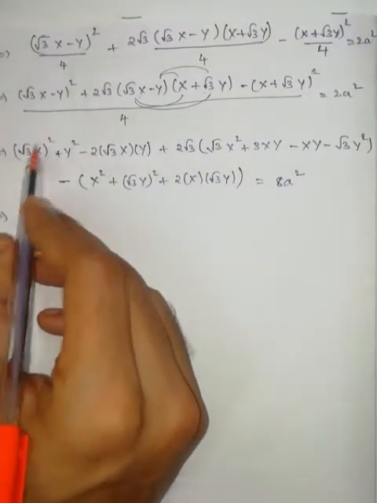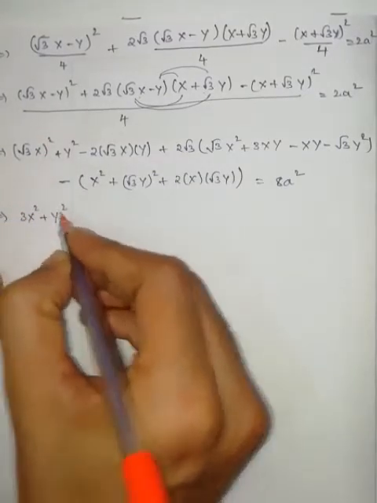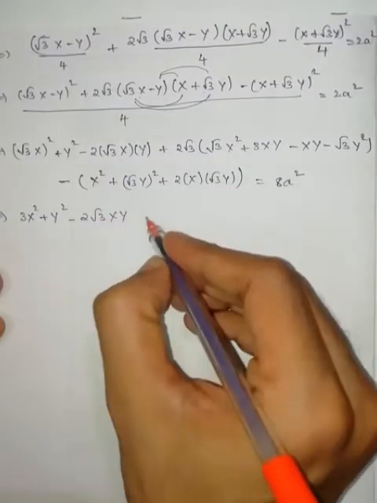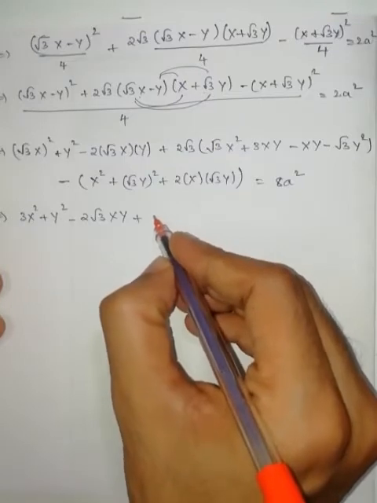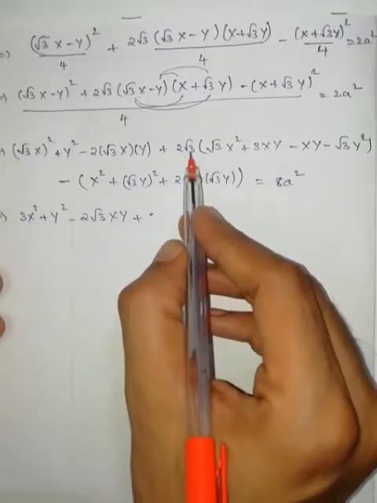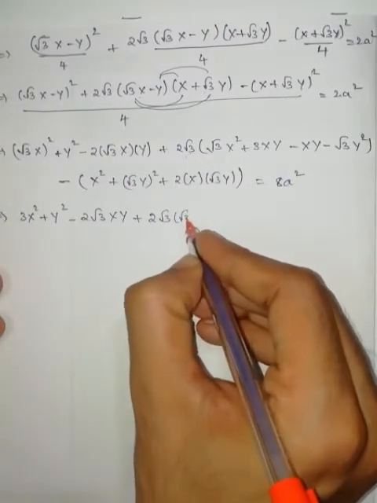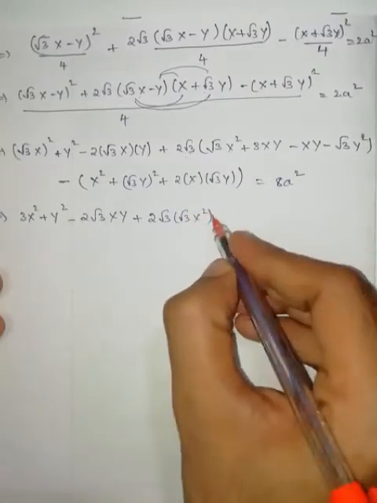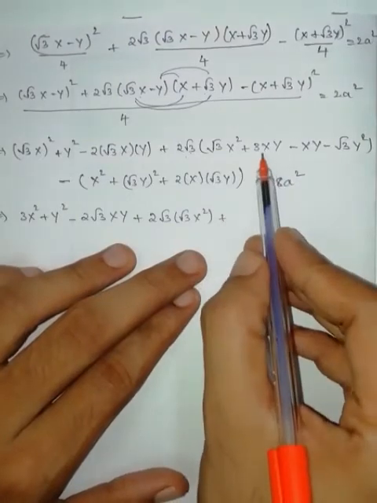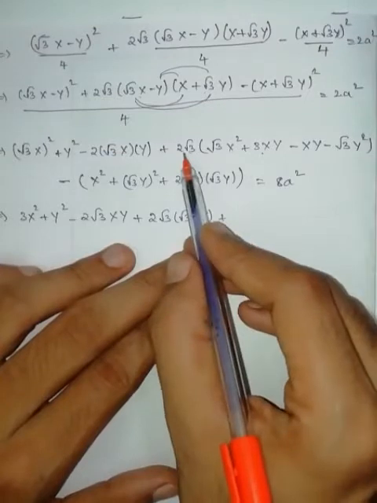This implies root 3 square is 3X square plus Y square minus 2 root 3 XY, plus 2 root 3 into root 3 X square plus 3X square minus 3XY minus XY is 2XY.